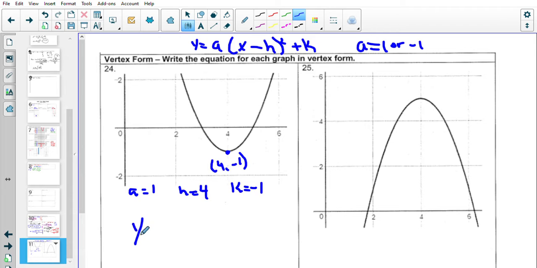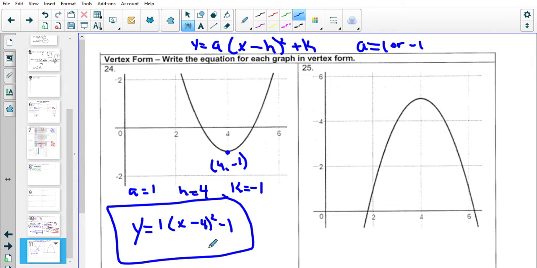So that gives me my equation of y equals 1 times x minus 4 squared plus, not plus, sorry, minus 1. Remember, your value inside with the x is always the opposite of what your value of h is. Because h was positive 4, I had to put a minus 4 inside.